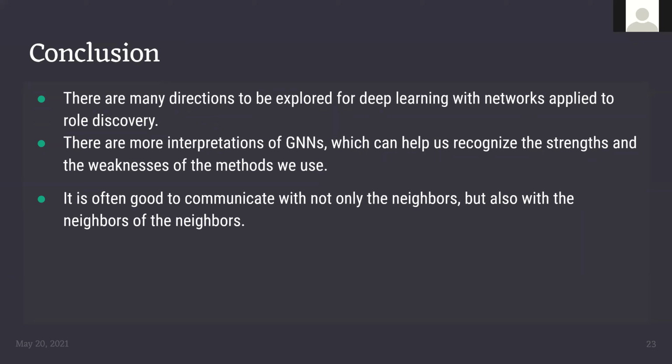But more and more often, with things getting more and more complicated, it's almost always a pretty good idea to not stop at your direct neighbors, but also to look a step further, because of course it's easier to just be in touch with your friends, but the friends of your friends most probably can be relevant for whatever you're doing as well.